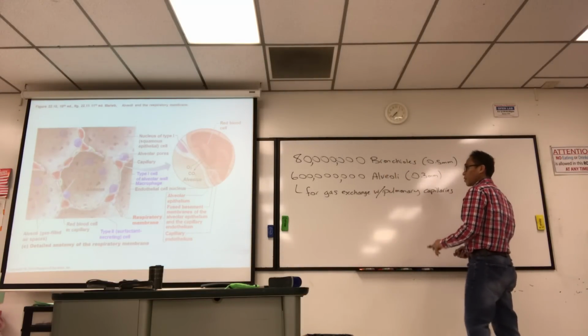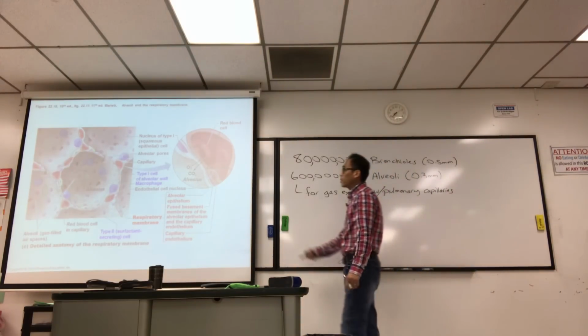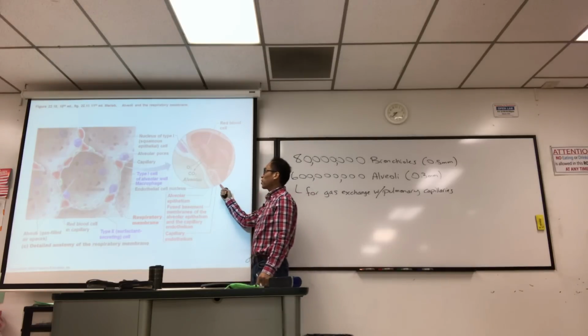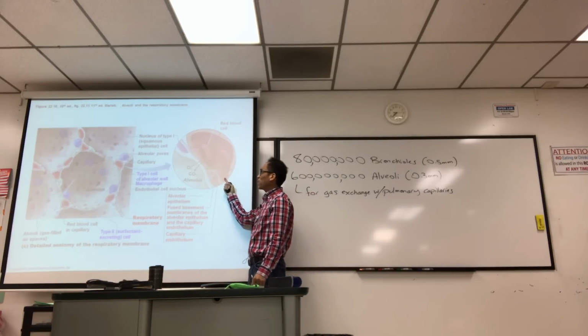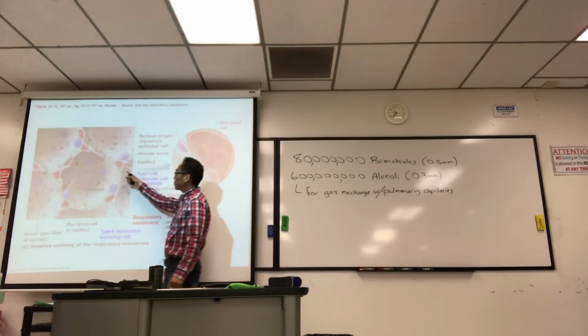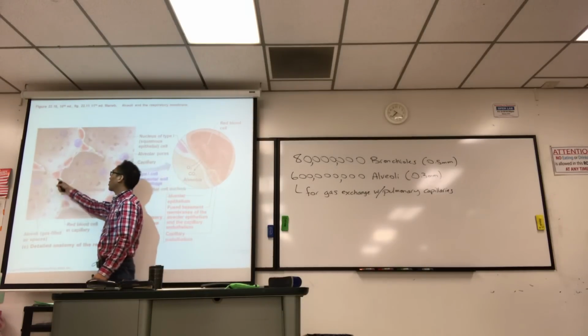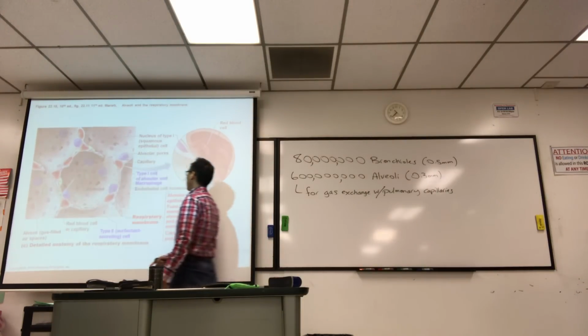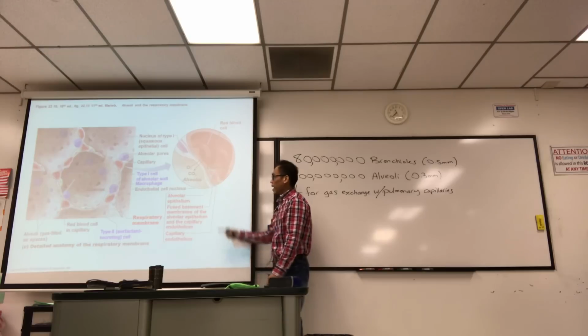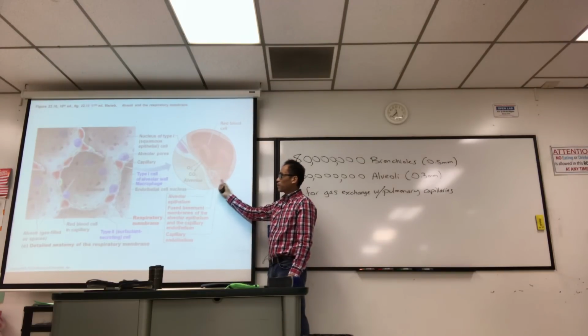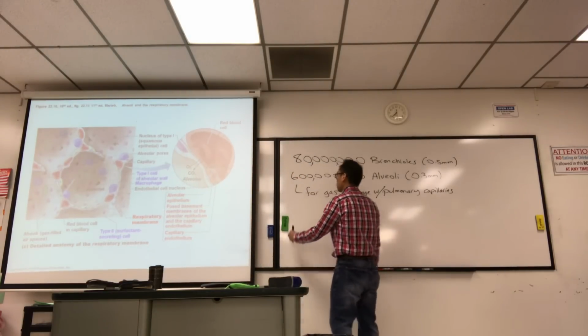What I want you to know is how they blow up this picture here. It shows you how the capillary is kind of stuck to the alveolus right there. So at the corners here are the pulmonary capillaries. And what we need to understand is how gas exchange occurs across the respiratory membrane.